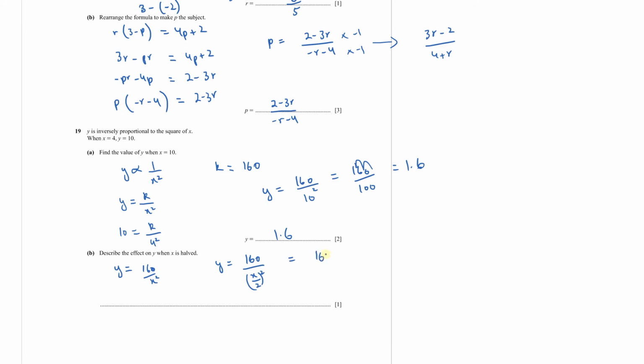So I get 160 over x squared multiplied by 4. This was 160 over x squared, and this is 160 over x squared multiplied by 4. So when x is halved, y is multiplied by 4.